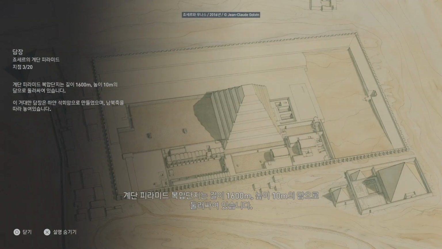The Step Pyramid Complex is enclosed within a 1,600-meter-long wall that is 10 meters high. This large wall was made out of white limestone and oriented along the north-south axis.